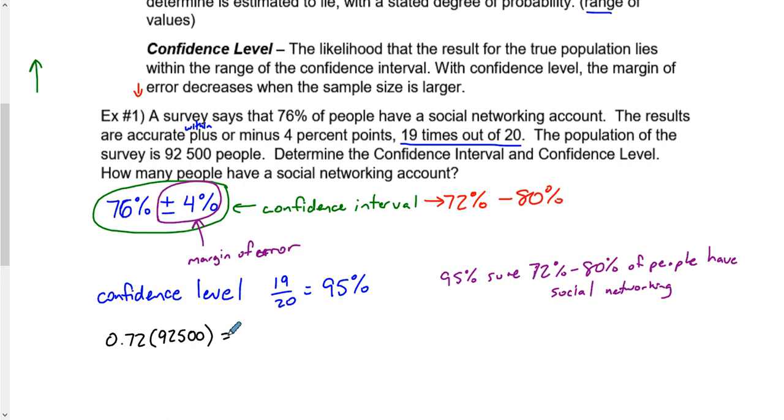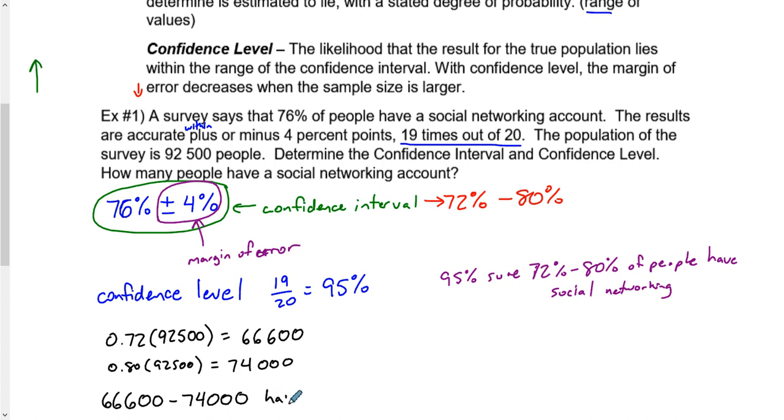So 72% is 66,600 people, and the 80% is 74,000. So there's somewhere between 66,600 people and 74,000 people who have some kind of social networking.